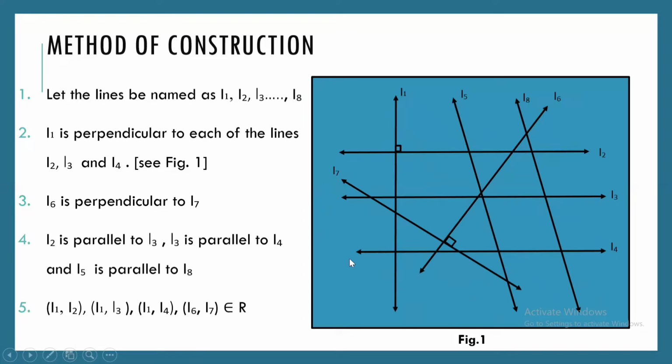Again, this angle being formed is 90 degrees. So (L1, L4) is also an element of R. What about L6 and L7? L6 is perpendicular to L7. So (L6, L7) belongs to R.